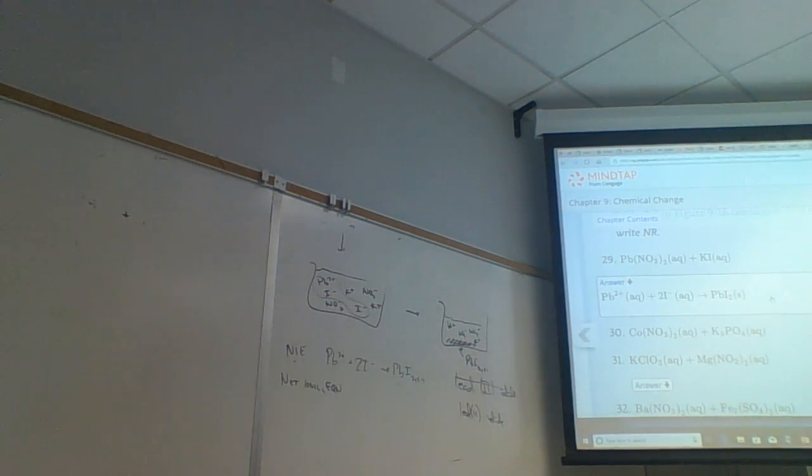So let's go ahead and do that here. Cobalt 2 nitrate plus potassium phosphate. Okay, give me the formulas. What is cobalt 2 phosphate's formula? Well, that one's tricky, so maybe I'll write it up here. Cobalt phosphate. How many cobalts will I need? 3. And how many phosphates? 2. Is that solid, liquid, gas, or aqueous?